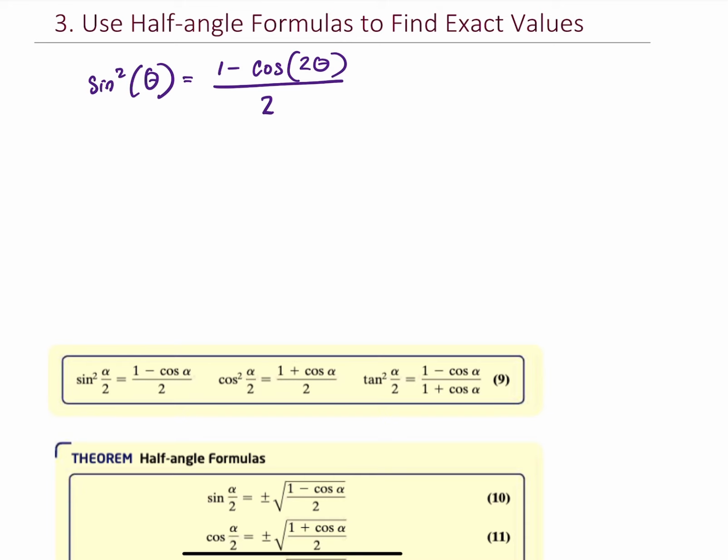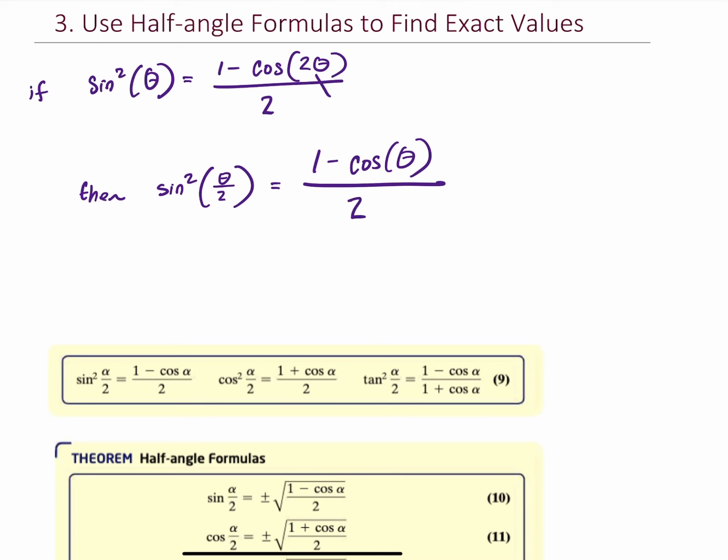So one way we can look at this is just dividing each of these angles by 2. So if this is true, then we can say the sine squared of theta over 2, so dividing that angle by 2, equals 1 minus cosine of just theta, because 2 theta divided by 2 will just give us theta, over 2.